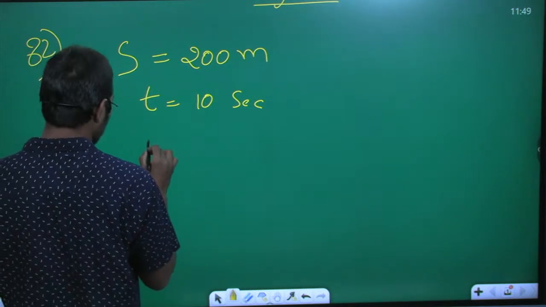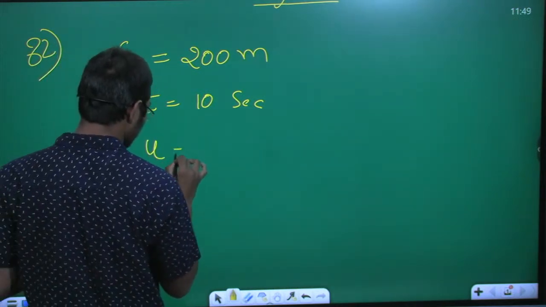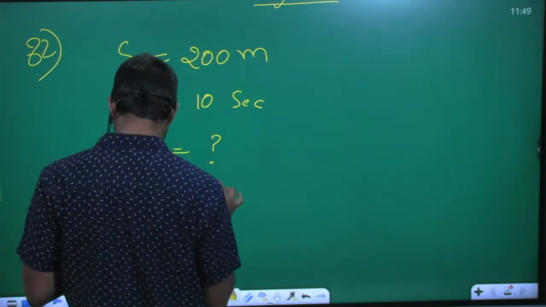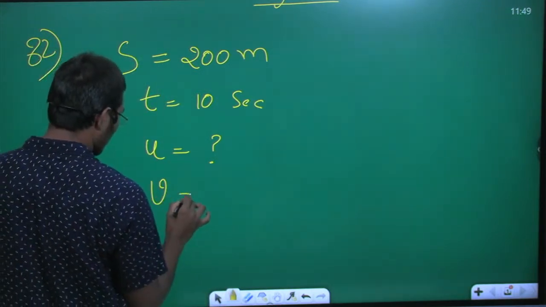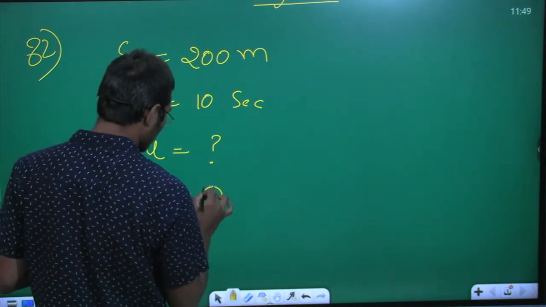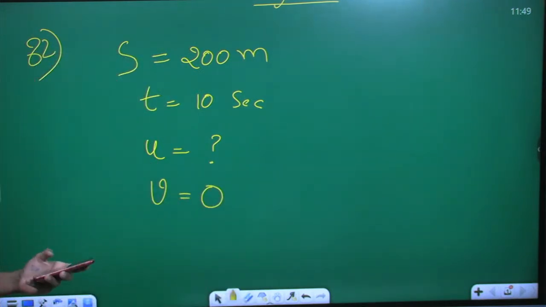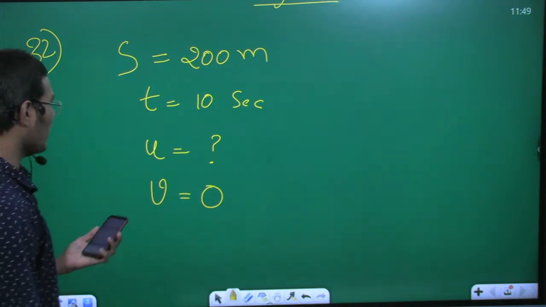And the initial speed is being asked. From the statement that the car is brought to rest, we will get to know that the final speed is 0. So using these three variables, we are supposed to find u.